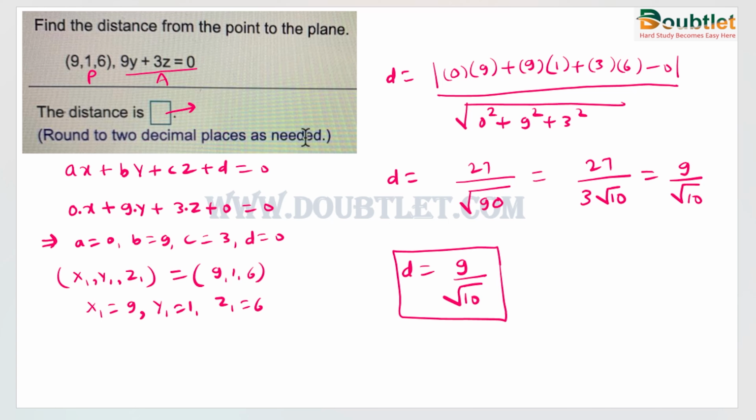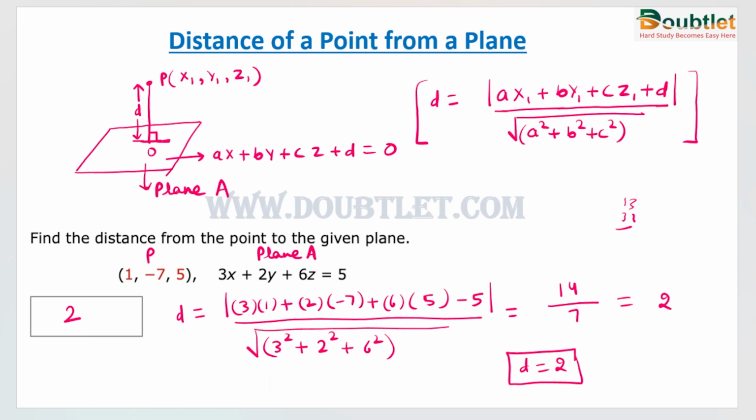So in this box we write 9 divided by root 10. But here the question is asking for rounding to 2 decimals, so we can find the approximate answer using our calculator. This is how we have discussed 2 examples based on the concept of distance of a point from a plane.